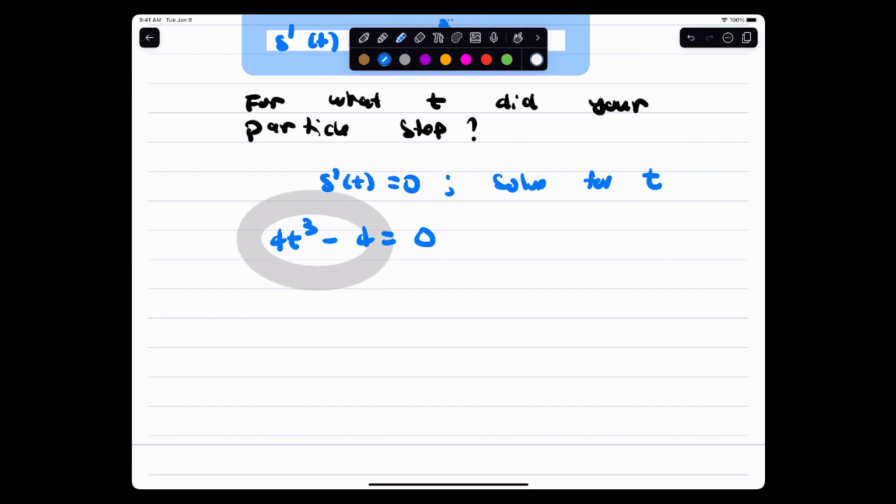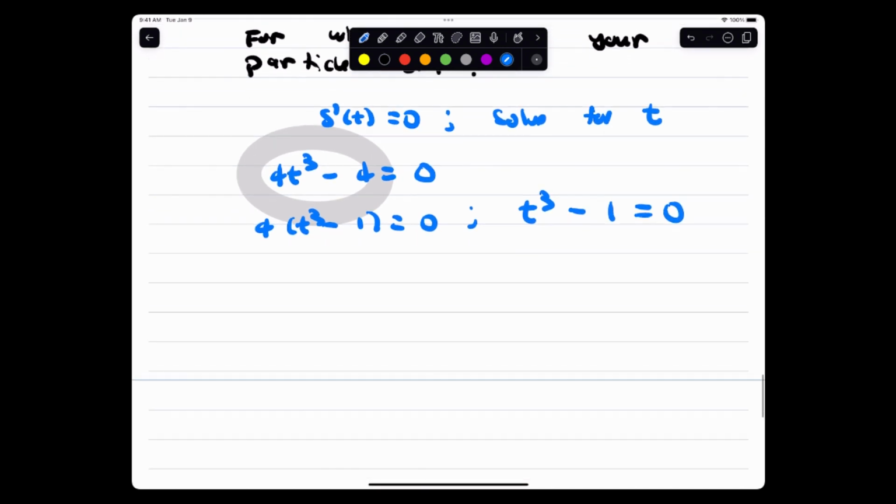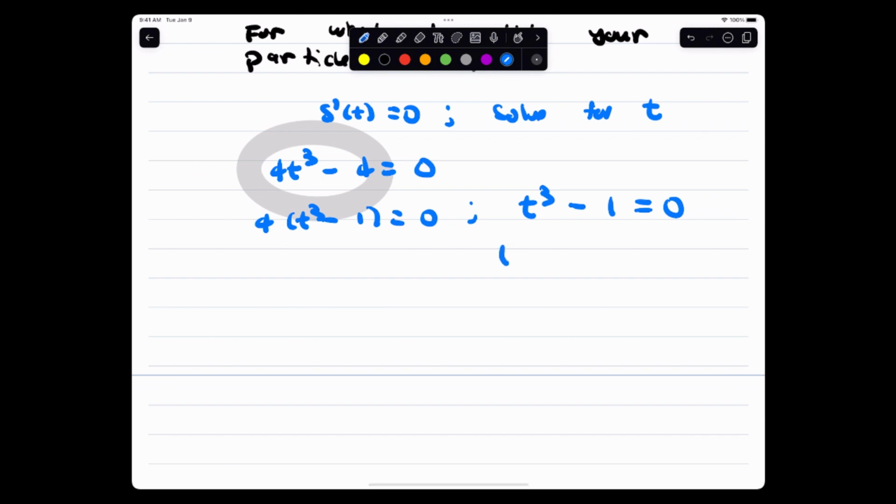You're going to have to what? Factor. T cubed minus 1 is 0. Can you guys solve for t? How about this? T cubed is 1.